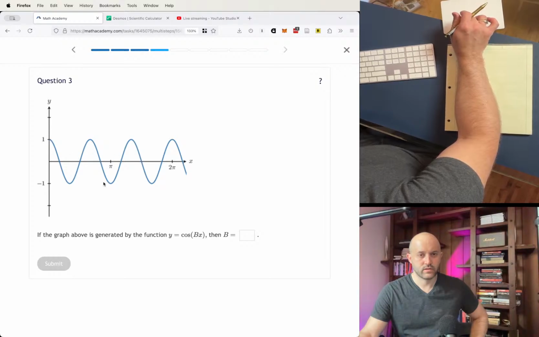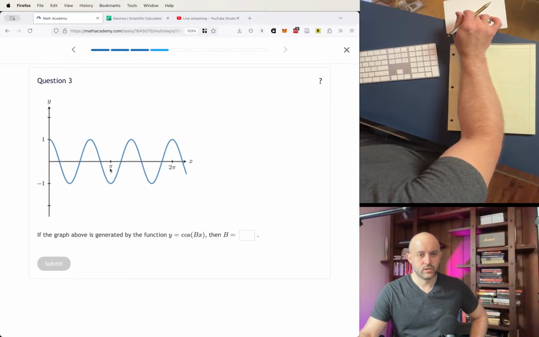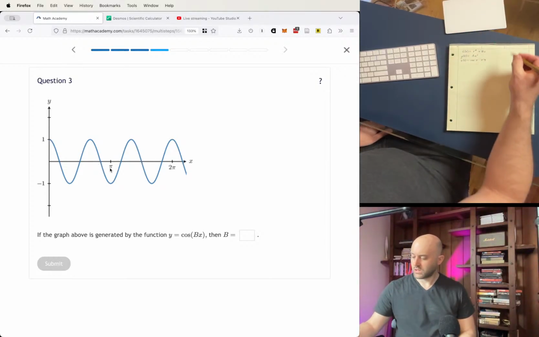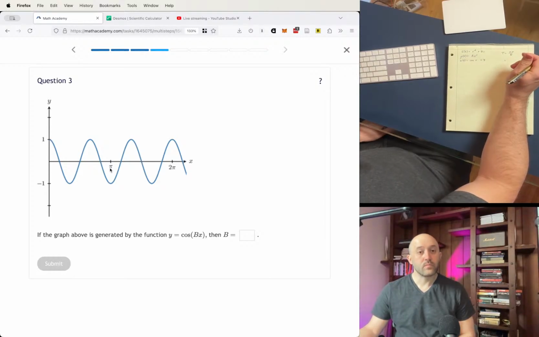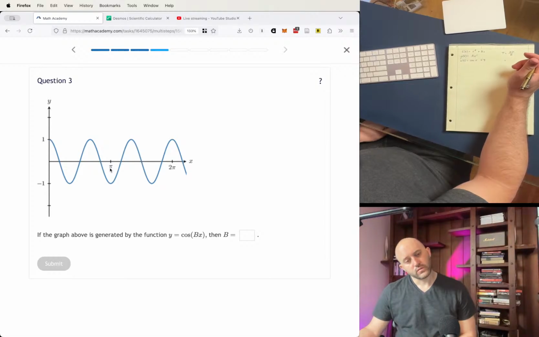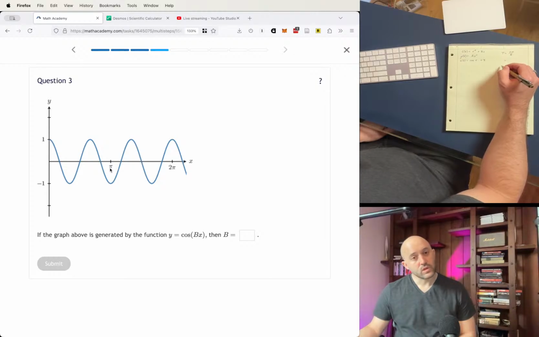If that's half, that's another half, gets me back up here. So yeah, 1.5 periods in this pi. So T equals 2 pi over b. 1 period is in, so 1.5 is in, so 3 halves.